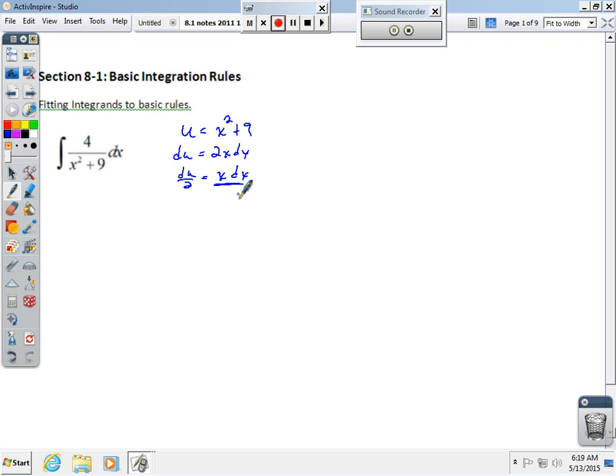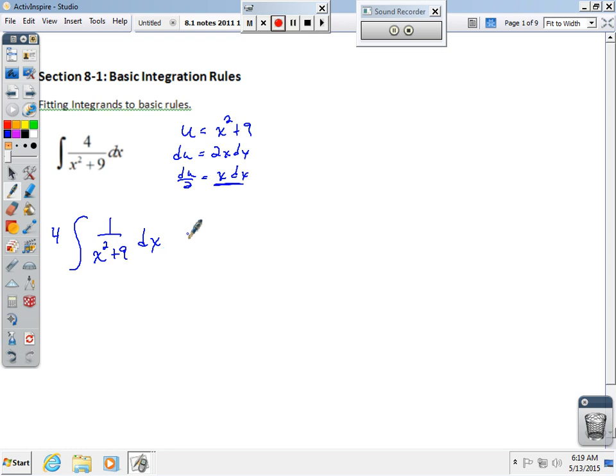So what you need to recognize is this is going to be a trig integral. The first thing we're going to do is bring the 4 out in the numerator, that constant, and I have 1 over x squared plus 9 dx. You might want to go back and review arcsine, arccosine and arctangent, those rules.